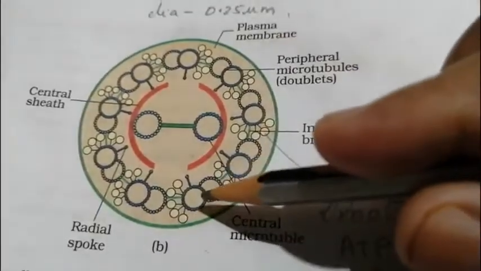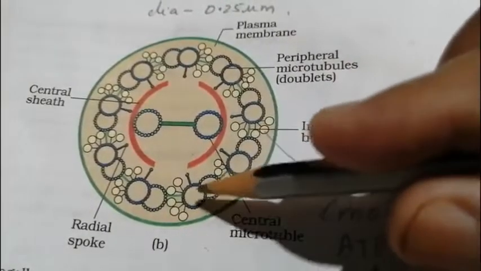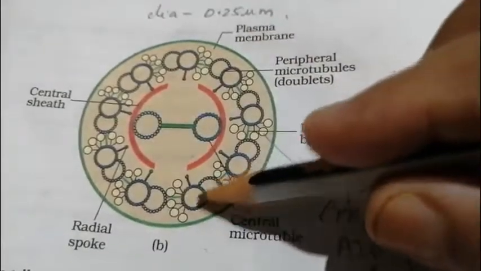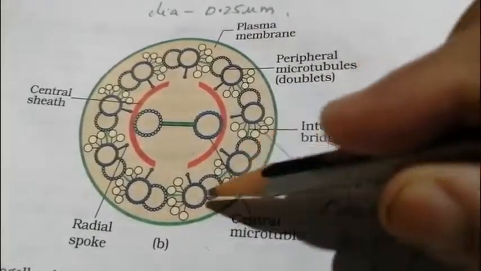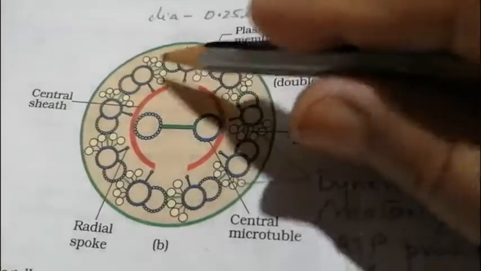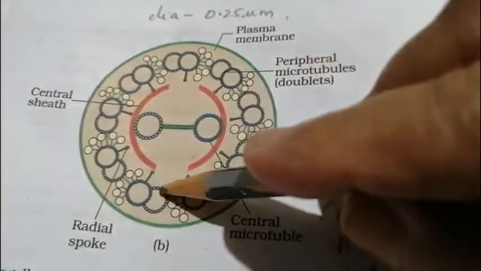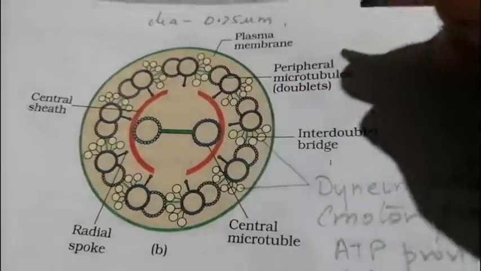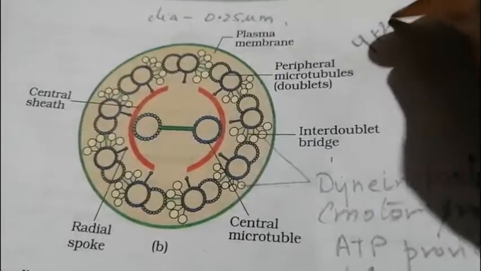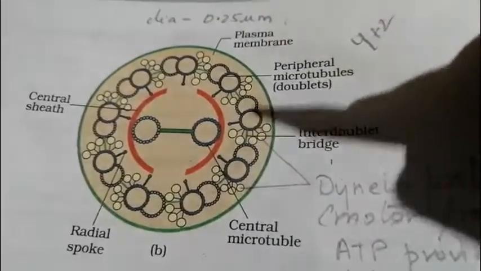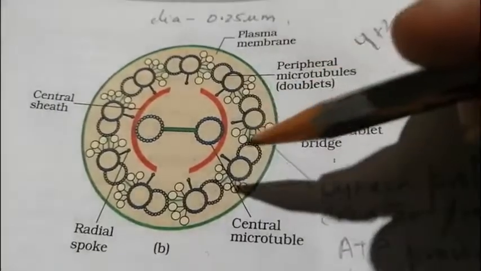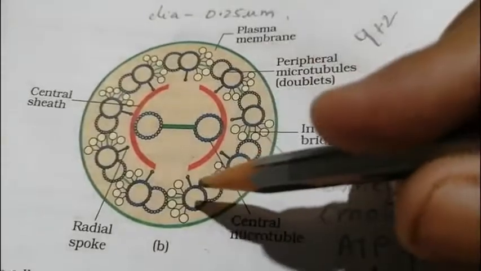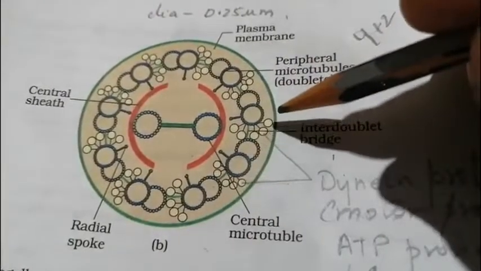If you count them, there are 9 tubulin dimers, 1, 2, 3, 4, 5, 6, 7, 8, 9, and these are the two central ones. This arrangement we call the 9+2 arrangement. Here these are central tubules, and these are peripheral microtubule doublets.